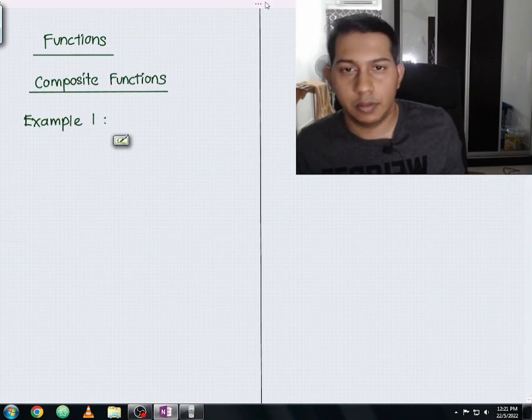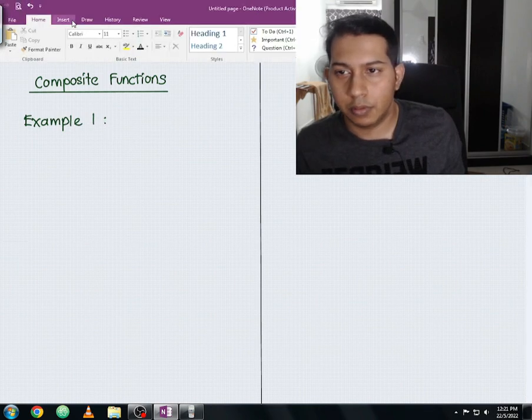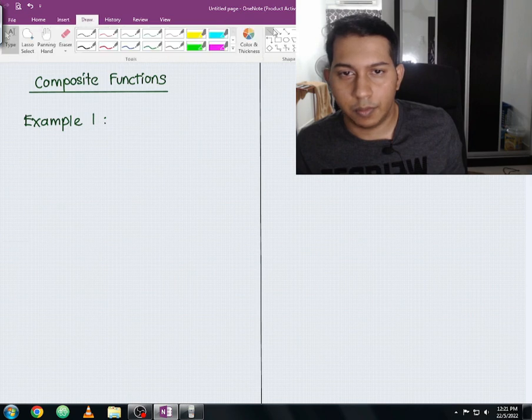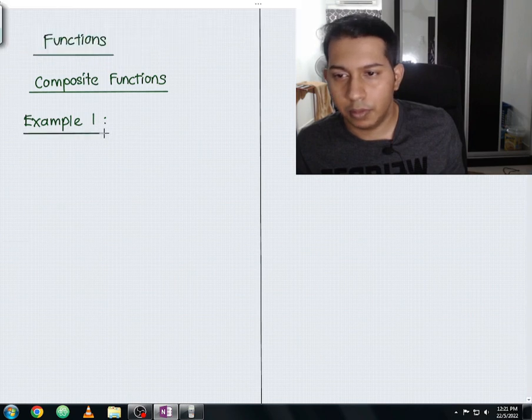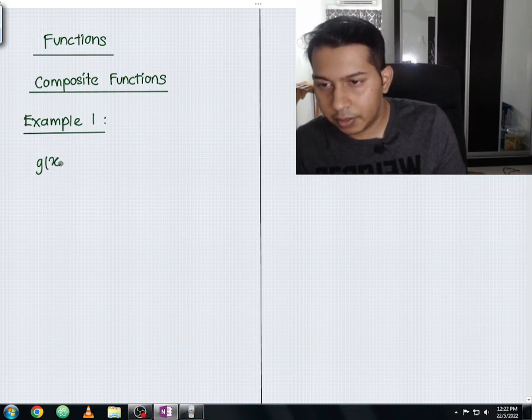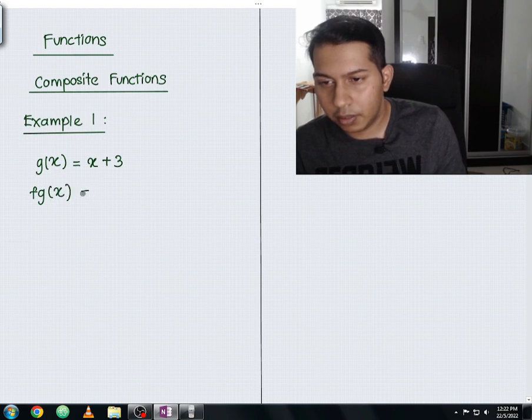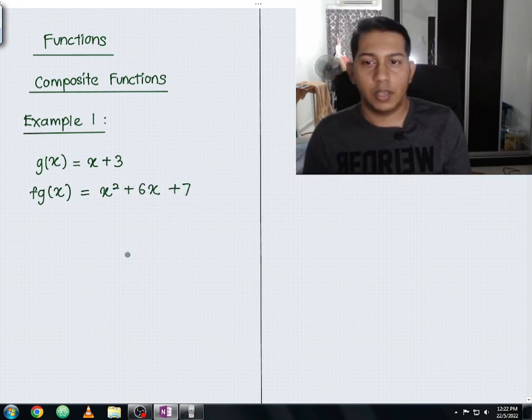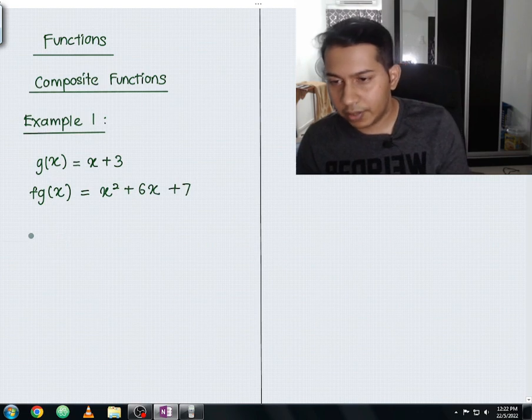Given that function g(x) is equal to x plus 3 and your function f(g(x)) is equal to x squared plus 6x plus 7, the question asks us to find f(x).